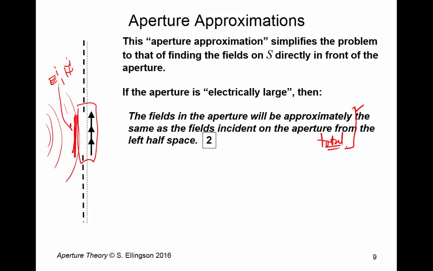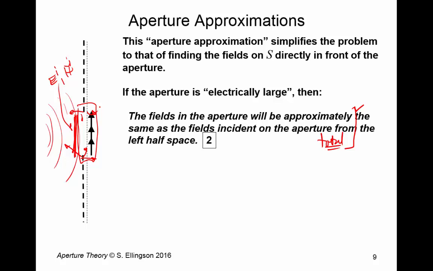Okay? So what I'm doing here is assuming that whatever fields exist in the aperture are overwhelmingly determined by the fields incident, and that any scattering, say from the edge of the aperture, is negligible.